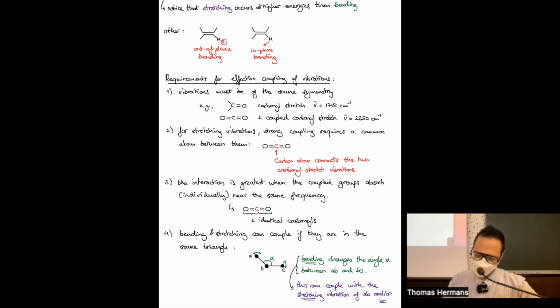But in CO2, because I have coupling between one carbonyl and a second carbonyl, right? So I have two coupled carbonyl stretches. And therefore that wave number is shifting much higher, 2350 centimeter, right? So coupling often leads to a shift of the vibration wave number, which is how you can detect that things are coupled.